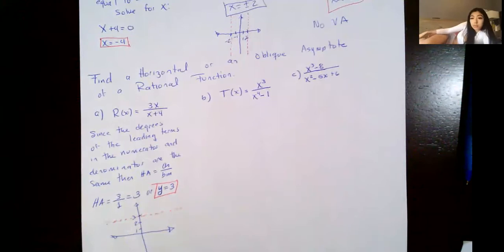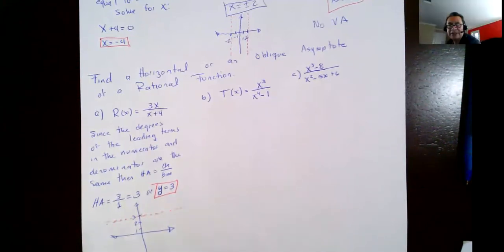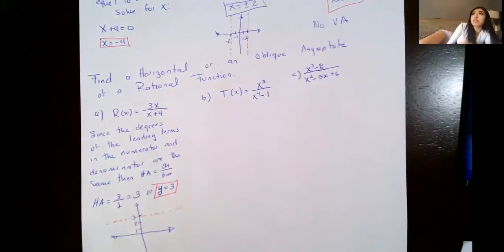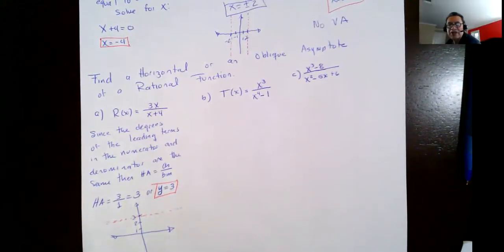Wait, I have a question. Sure, Cherry. When you're talking about the leading terms, are you talking about like the exponent? The leading terms, Cherry and everybody, are the leftmost term in a polynomial.